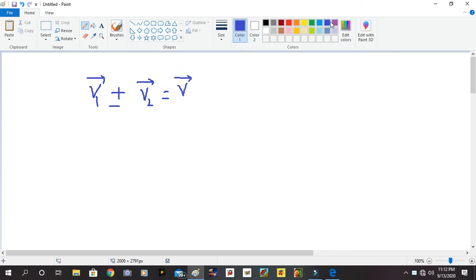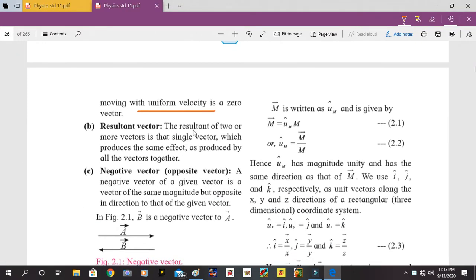Then this vector v can be considered as the resultant vector. So the new vector obtained by the combination of two or more vectors is called the resultant vector. The resultant of two or more vectors is that single vector which produces the same effect as produced by all of the vectors together.